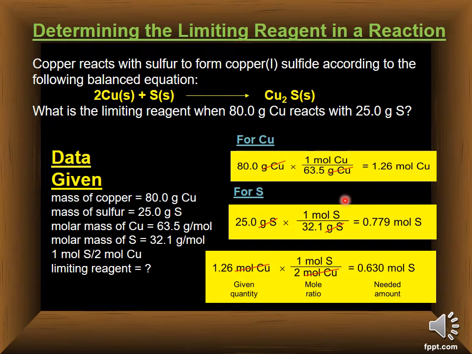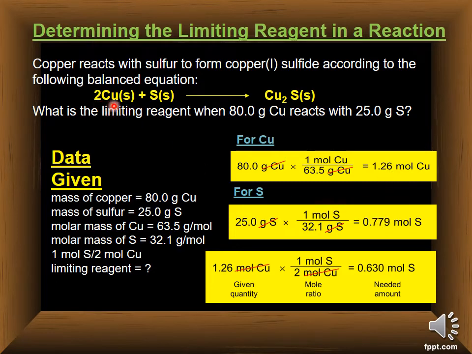Number of moles is equal to mass over molar mass. By using this formula, you can get this one as well. Same thing do with the sulfur. You will get 0.779 moles of sulfur.